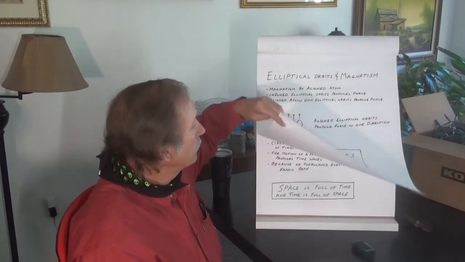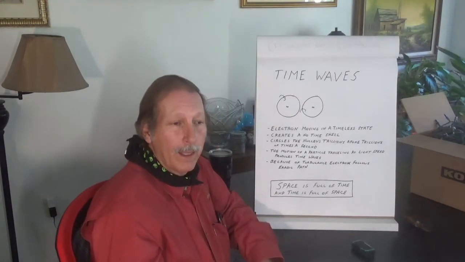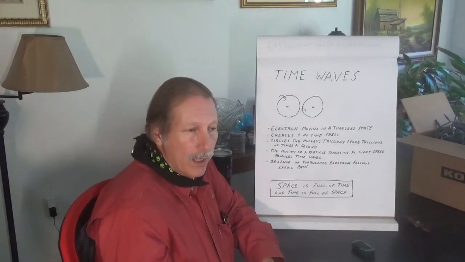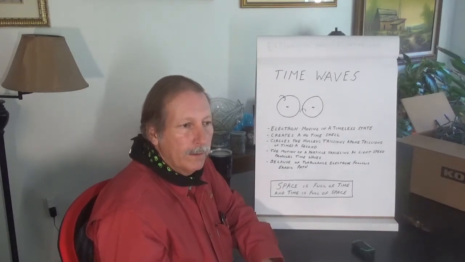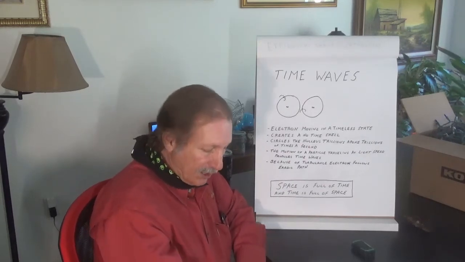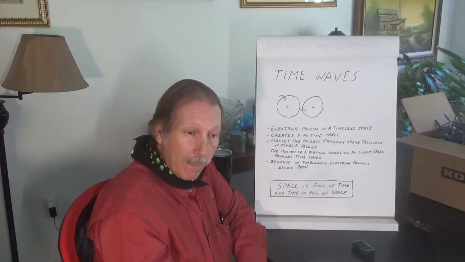Time waves. Time waves are the mechanism that can transfer an elliptical orbit into something from the sun to, say, the skin on your arm on a sunny day.